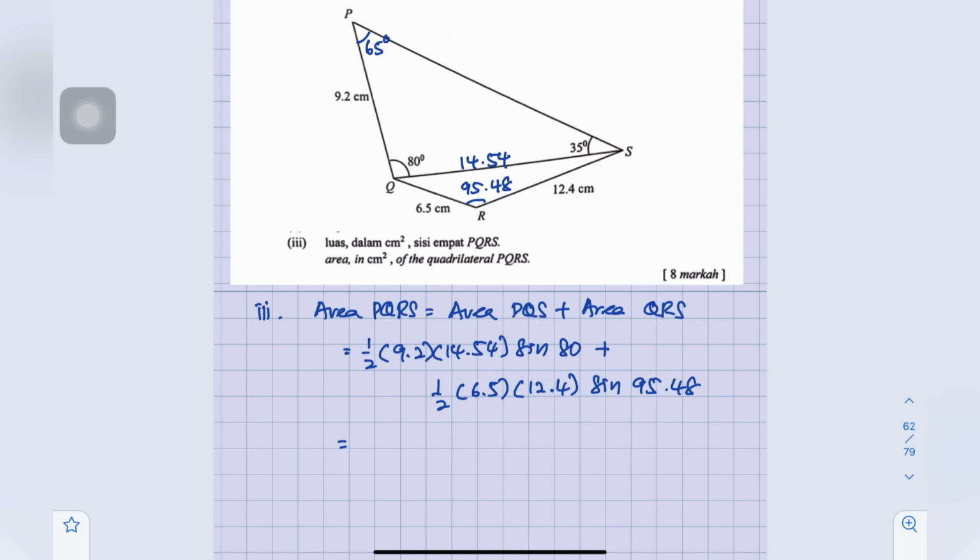Then we calculate this and you will get 105.98.